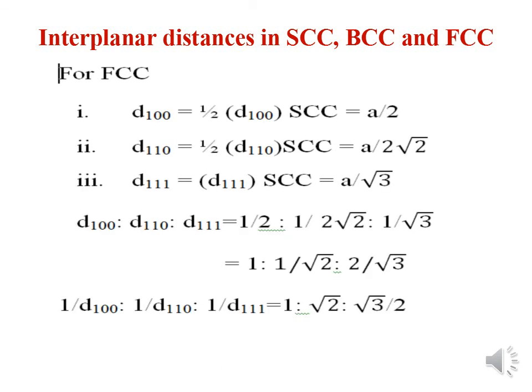For a face-centered cubic crystal structure, the interplanar distance for the d100 plane is half of the value of d100 for SC, which is a by 2. For the d110 plane, there are planes midway between such planes, so half of the d110 value for SC. Simplified, the answer is a by 2 root 2.